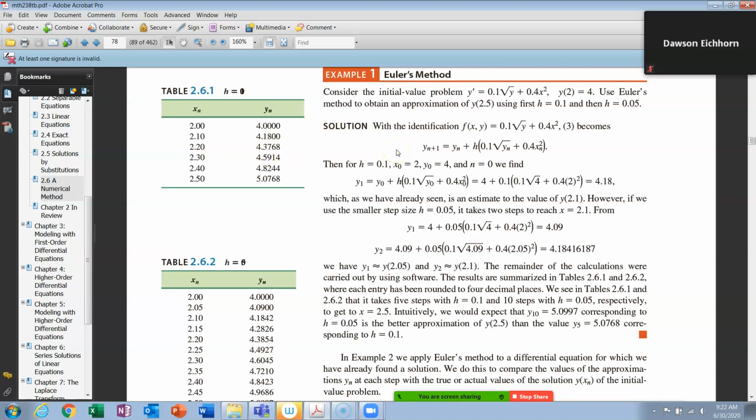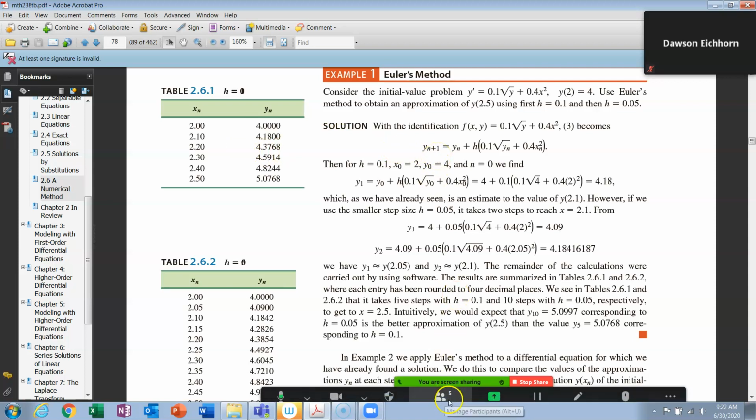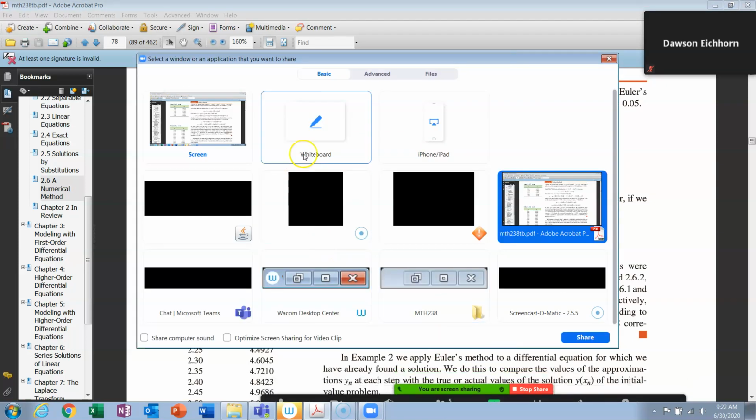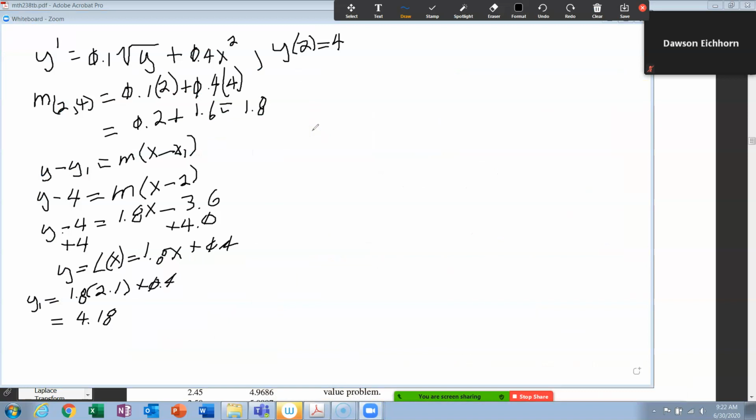Okay, now here's the formula. Let's go back to our whiteboard, which is where we're doing it. So we got our y1 here.